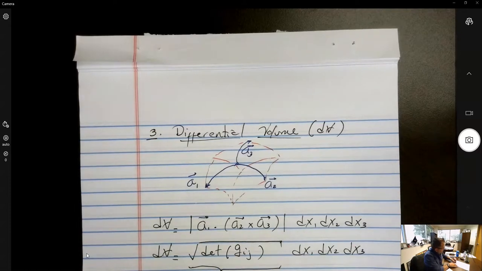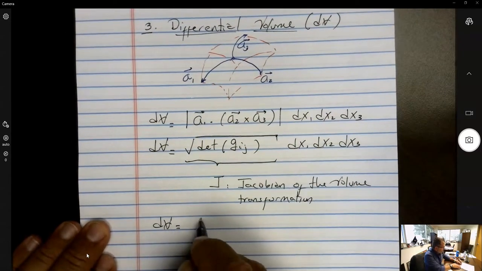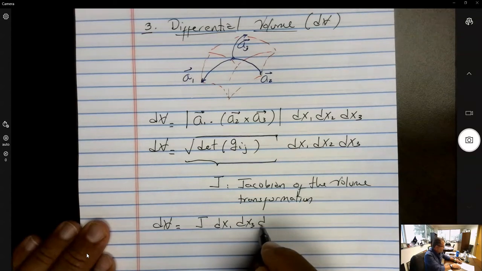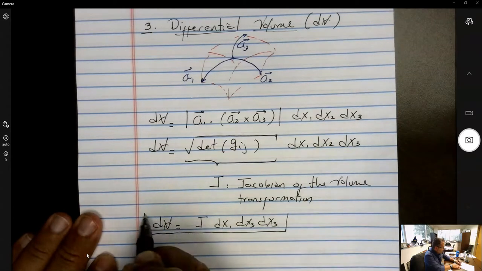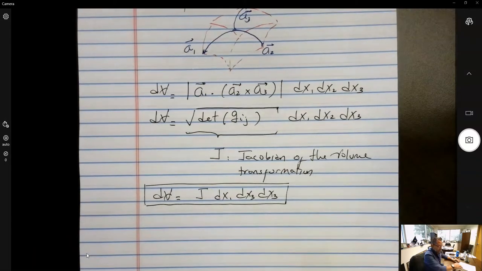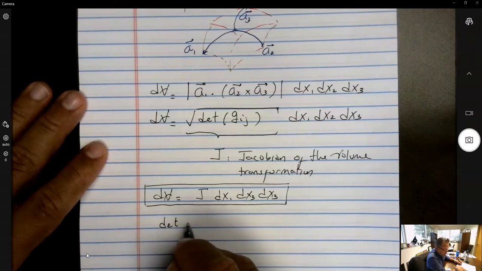So therefore the differential of volume is the Jacobian, not the ith, or the first, second, or third Jacobian. There's a single Jacobian in a three-dimensional transformation for the volume. And it goes like that. So how do we calculate that Jacobian? Again, it is the square root of the determinant of the metric tensor.